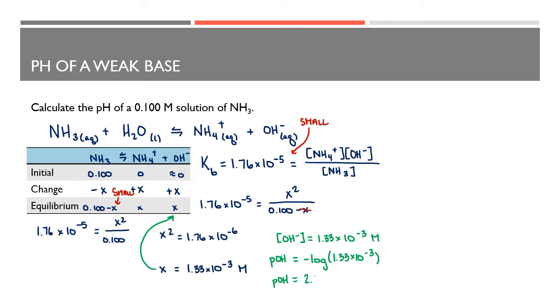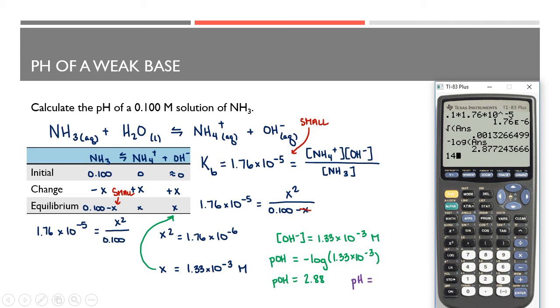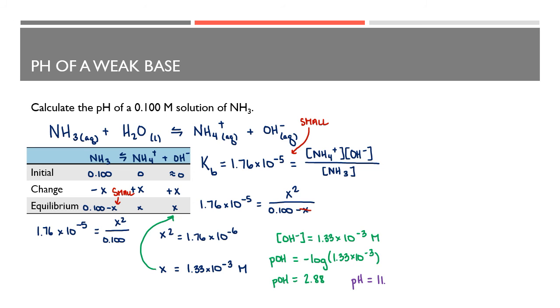So the pOH of this solution is 2.88, but the problem is asking me to calculate the pH. And remember, pH plus pOH equals 14, which means that the pH is going to equal 14 minus this pOH, which equals 11.1. So the pH of this solution is 11.1.